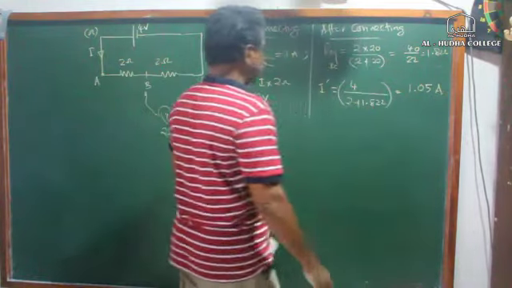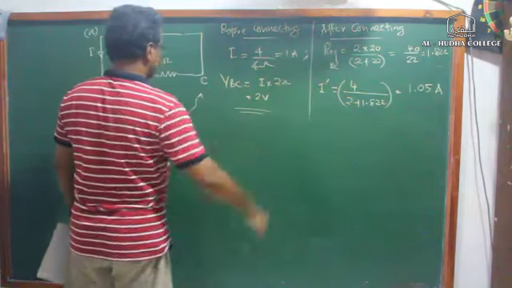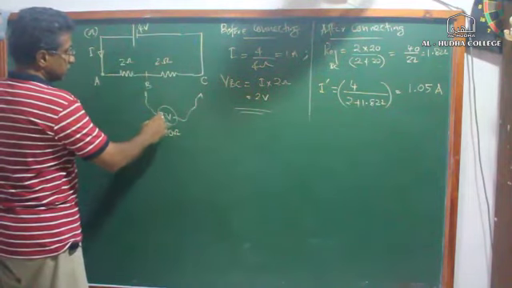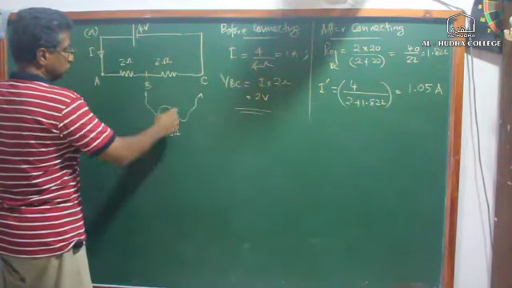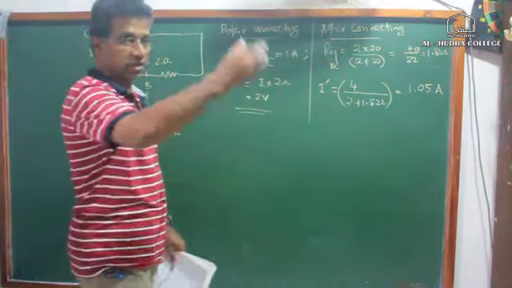Now you can see the current has increased from 1 ampere to 1.05 because there is a parallel path. So the total resistance has come down, right? So because of that the current has increased.